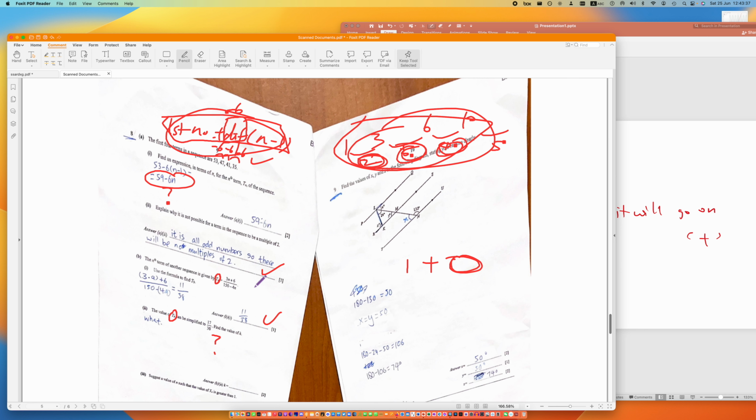Then they ask whether it can simplify to 17 over 30. Then you just solve this. Very good. Cross multiplication.